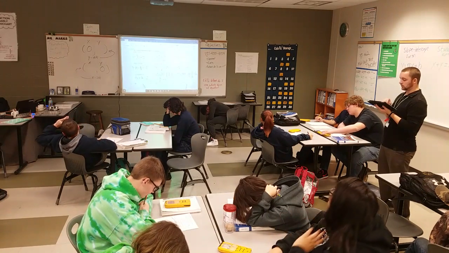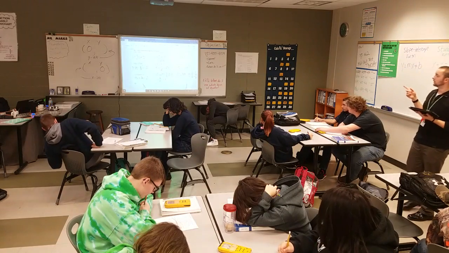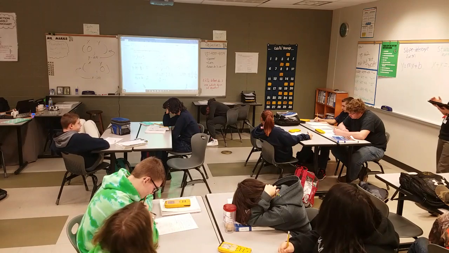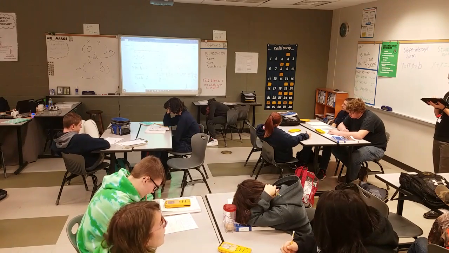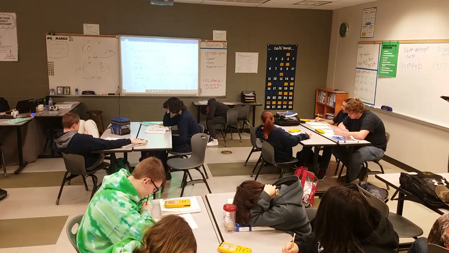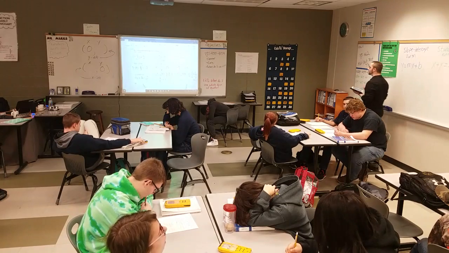Negative 6. So I can simplify that, right? So 6 divided by negative 6, what would that equal? Negative 1. So now I have a slope of negative 1, I have the x-intercept, and I have some random point.